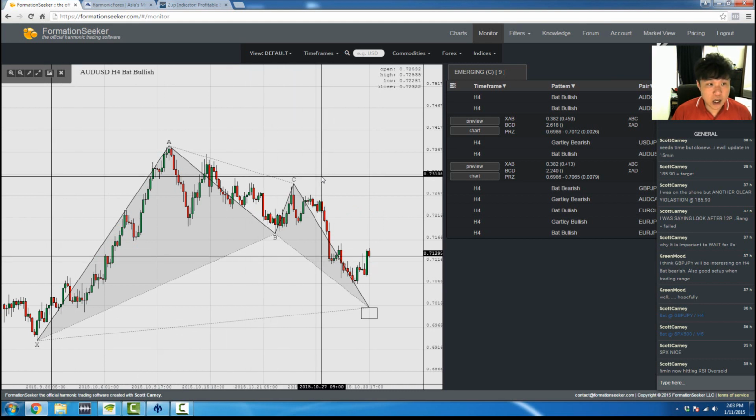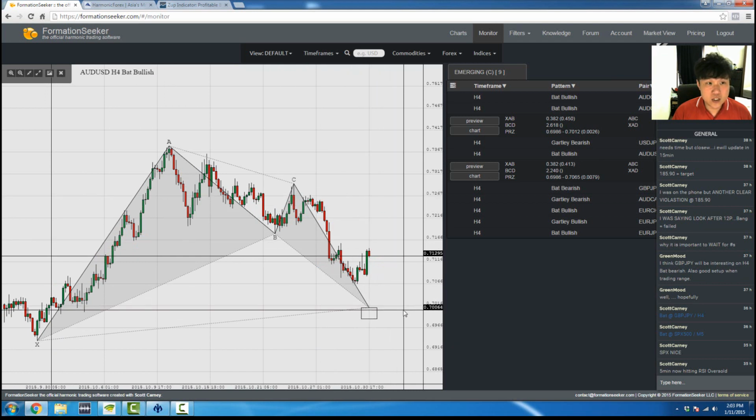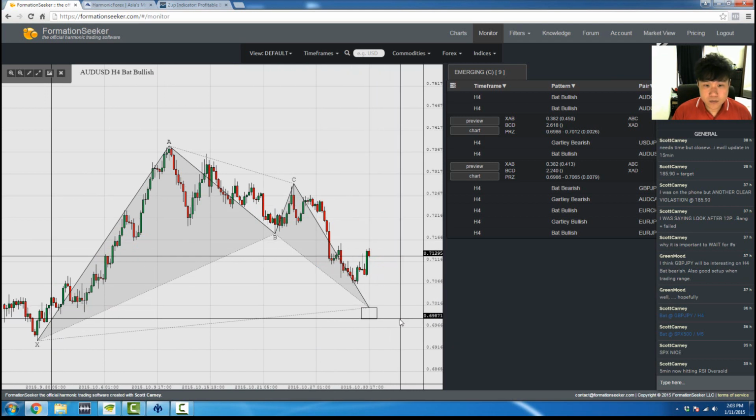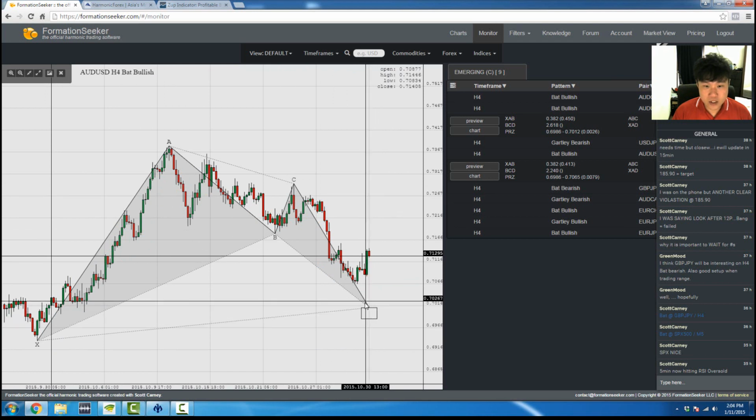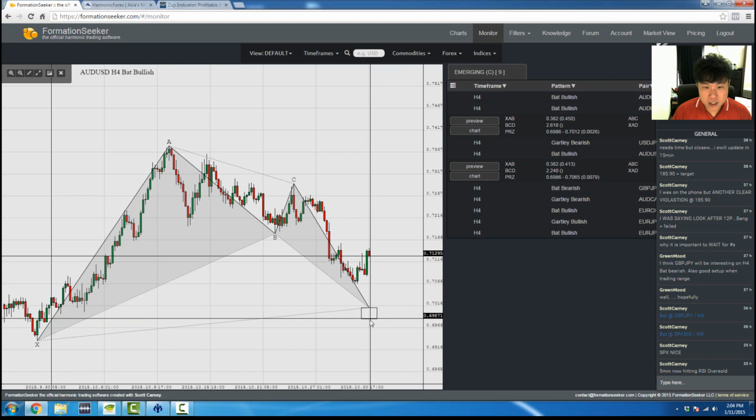So we expect the Aussie dollar to continue falling next week, and once it comes in around this zone, 69.80 to 70, we will look out for this zone here to be tested, and potentially we might enter long around this price here.